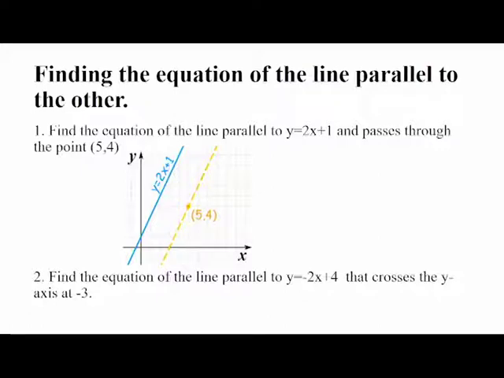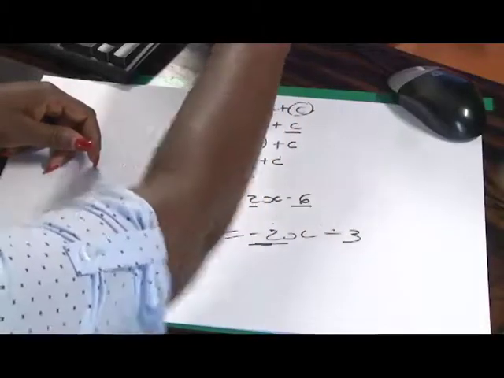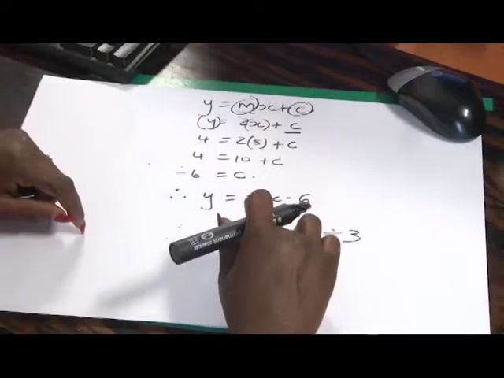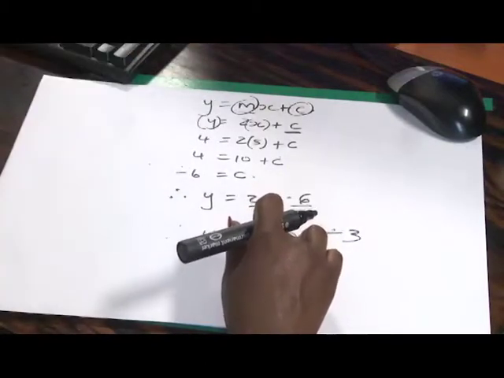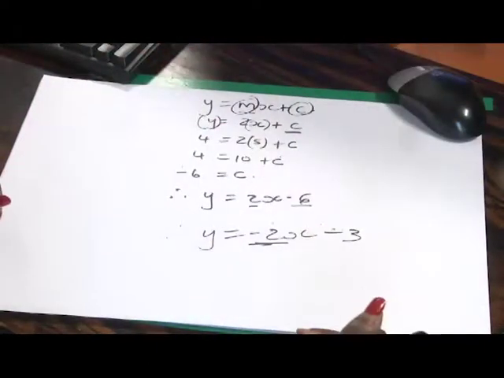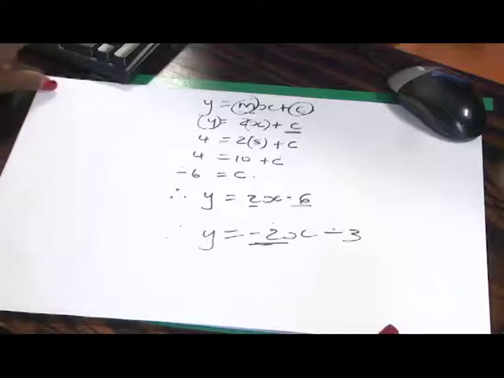Negative 3. Therefore, that equation is going to be y is equal to negative 2x minus 3. Because the gradient is the same. If this is negative 2, the gradient of this line is also going to be negative 2. It crosses the y-axis at negative 3, meaning the y-intercept, that is c, is negative 3. That is it for that.